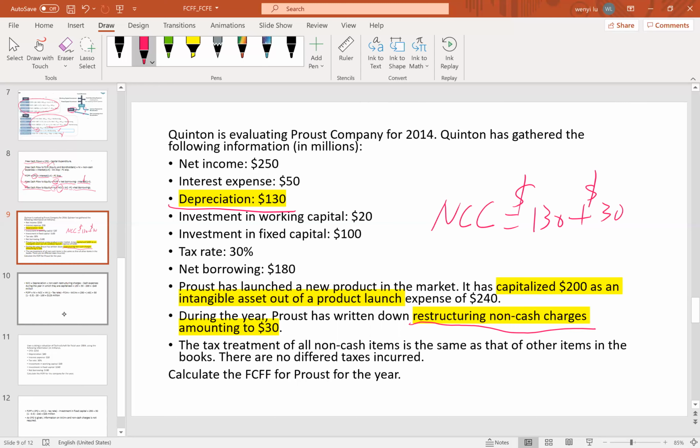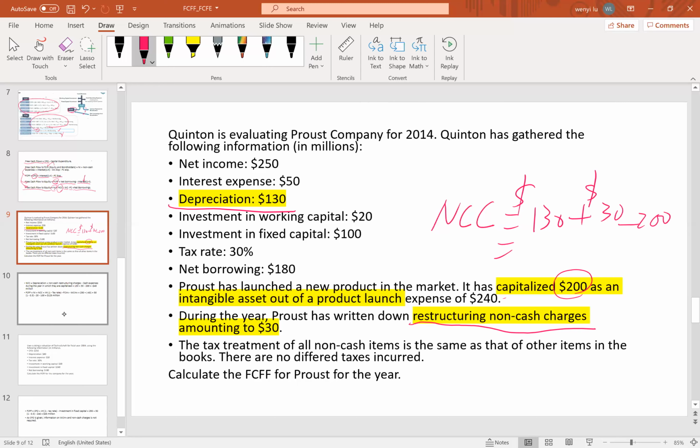But we also capitalized intangible assets forward for $200. On the product launch, we have the expense of $240, but we capitalized this charge. It's $200, that's the amount you capitalized.